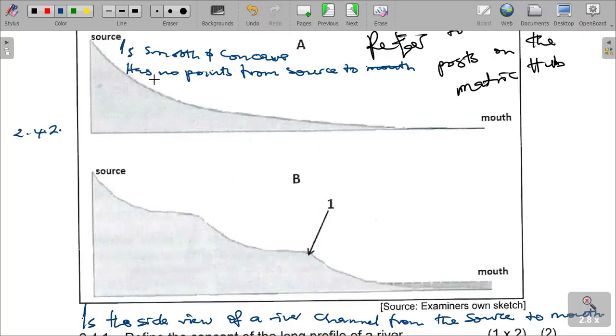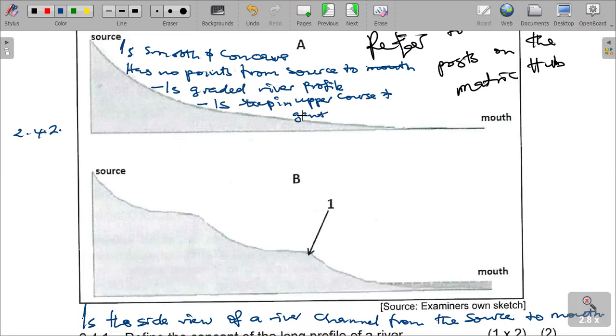A graded river profile, which you can see is steep in the upper course and gentle in the lower course.